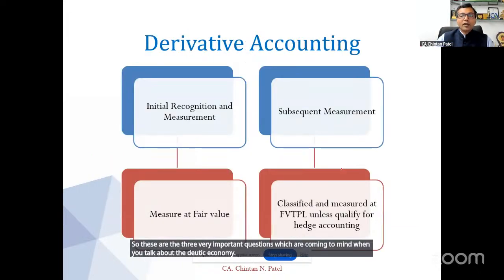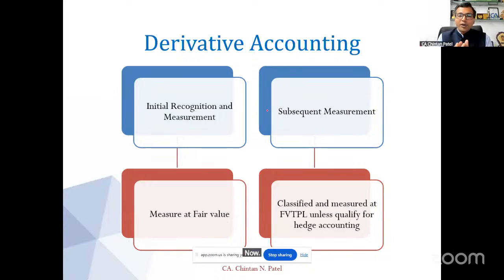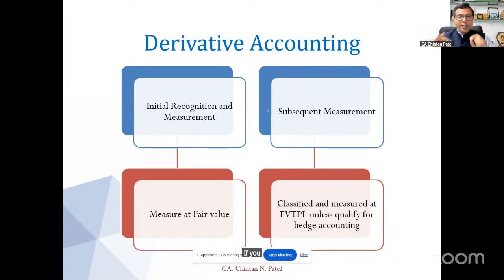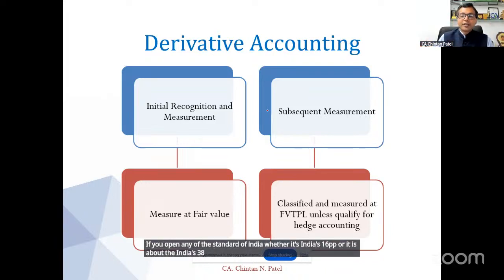Now, for every accounting, the standard provides guidance on initial measurement and subsequent measurement. If you open any Ind AS standard, whether it is Ind AS 16 on PPE, Ind AS 38 or Ind AS 40, every standard has certain principles on initial measurement and on subsequent measurement.